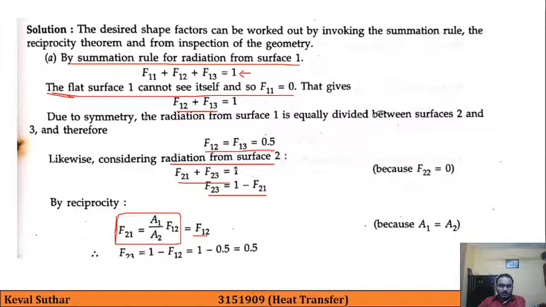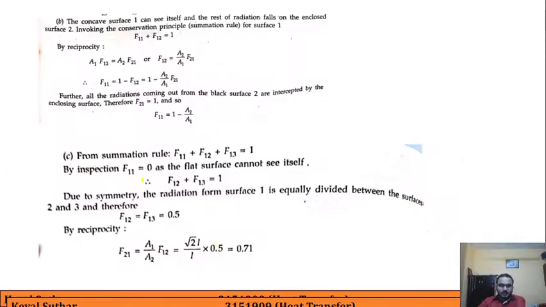So we have obtained the value of F12 as 0.5. F21 is also equal to F12. So finally we are getting the F23 value as 0.5.